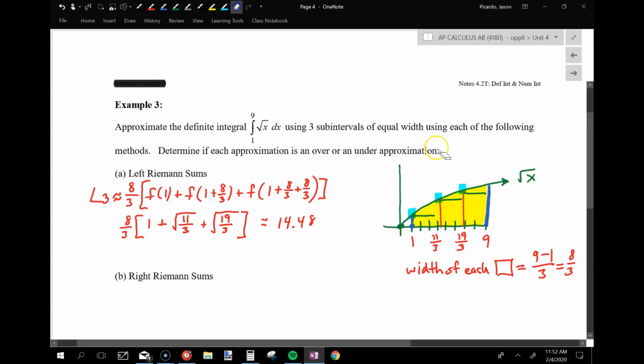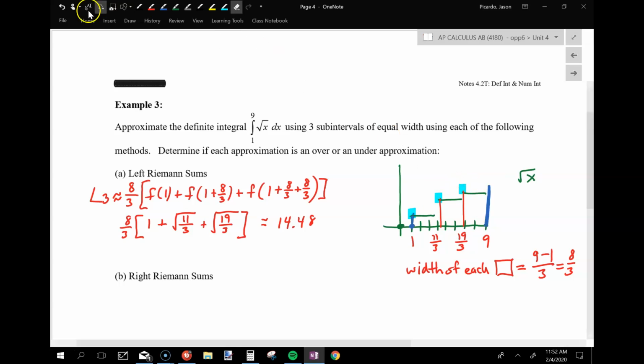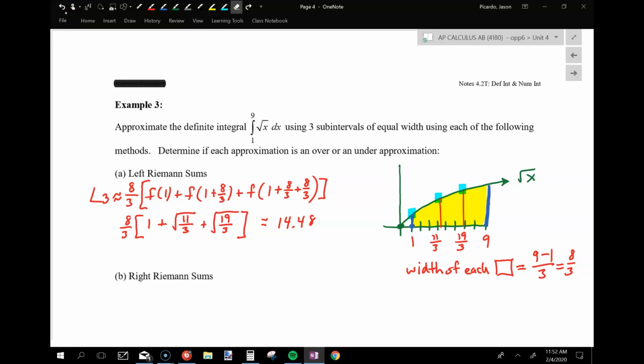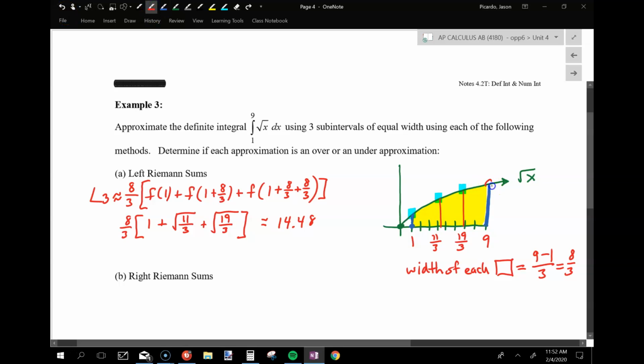So now what? Well, now we're going to compare it to the right side. Get rid of this, get rid of this, get rid of this, get rid of this. Okay, let's compare it to the right side. So if I compare it to the right side, now I want to start here, go here, go here, correct?